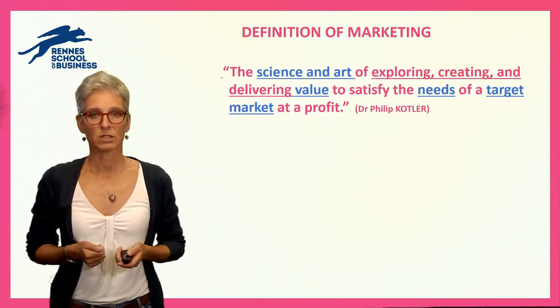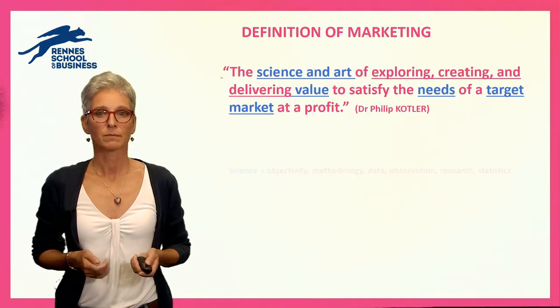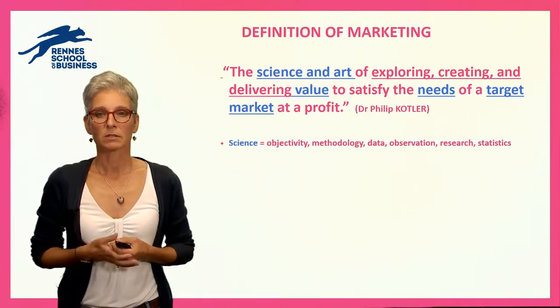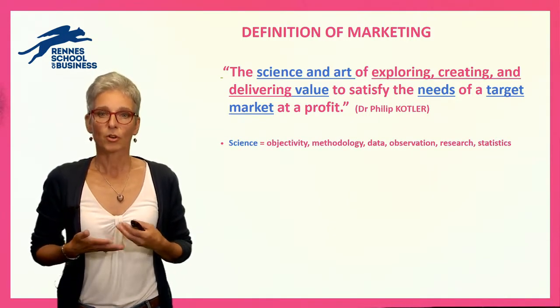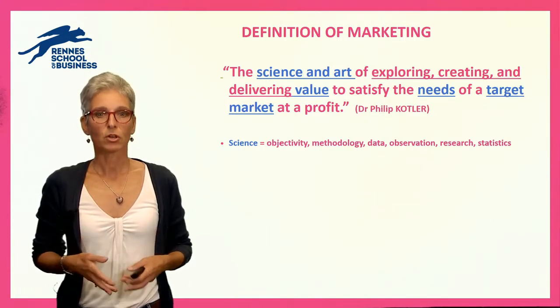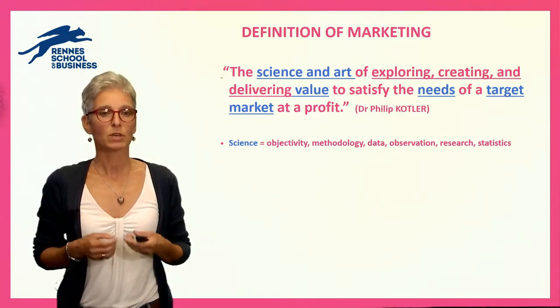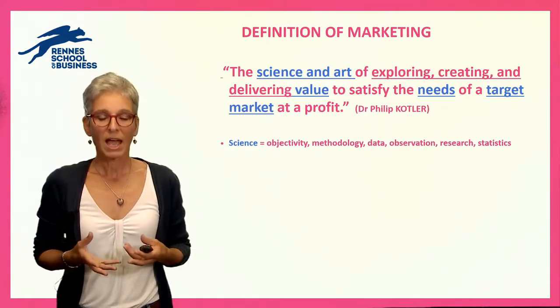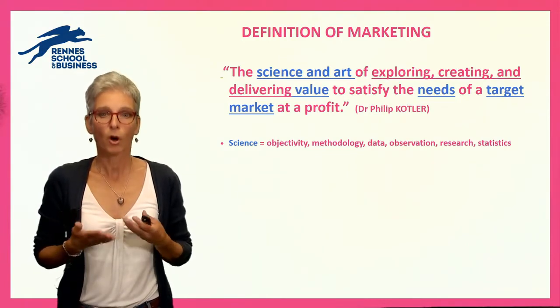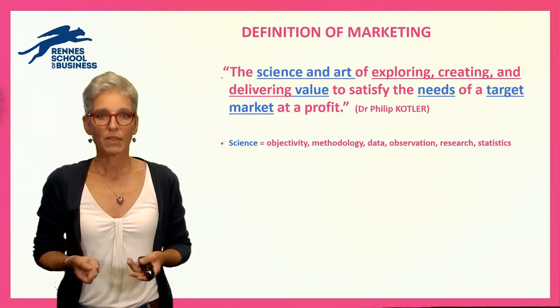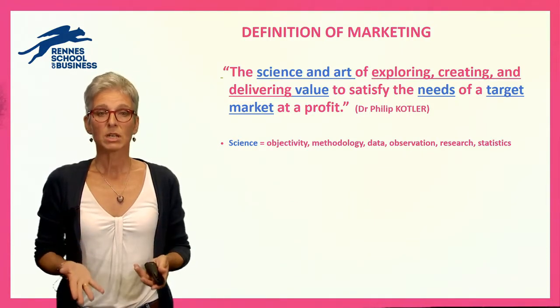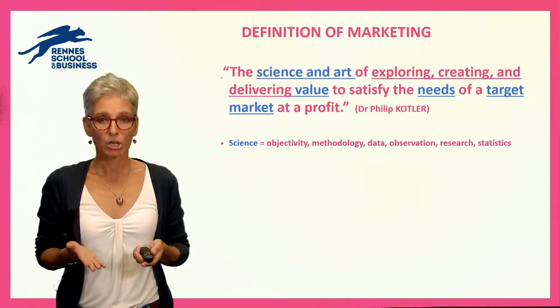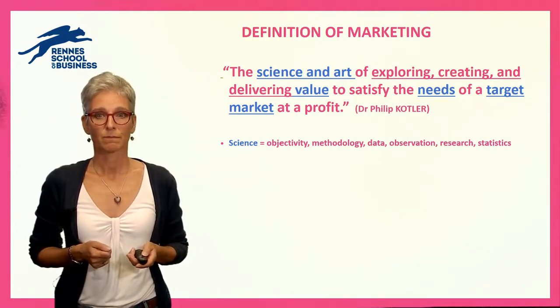Let's look at each of these words that are underlined. First of all, a science. Science is based on objectivity, on methodology, data, observation, research, and statistics. And marketing has a strong element of objectivity, methodology, which we're going to be particularly looking at in this marketing analysis phase.